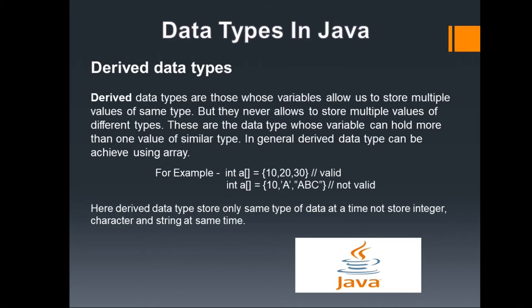For example, int a[] = {10, 20, 30} is valid, but an array with int 10 and the string "abc" is not valid. Here derived data type stores only the same type of data at a time, not integer, character and string at the same time.